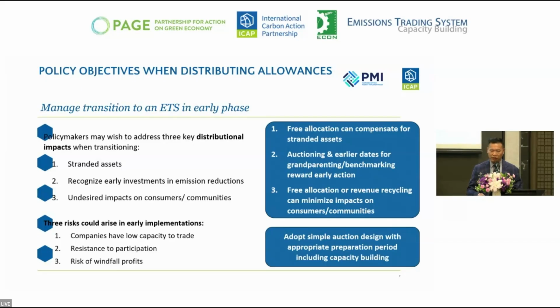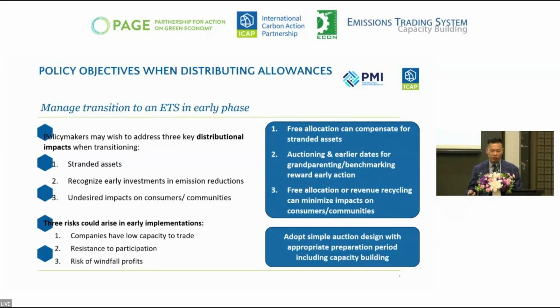Some of them made early investment in emission reduction, and as policymakers, we want to reward their early action. And there are some undesired impacts on consumers. The price may rise, so we also want to manage all these concerns.